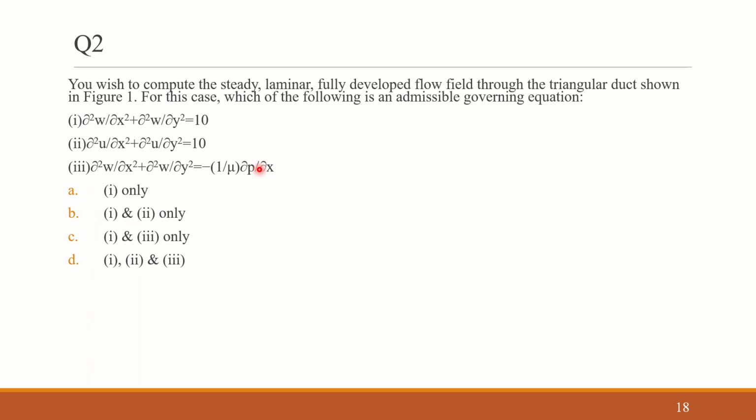Option 2 is del square U by del x square plus del square U by del y square equal to 10. And third, del square W by del x square plus del square W by del y square equal to minus 1 by mu del p by del x. Option D is that all three are right. So which do you think is the right answer?